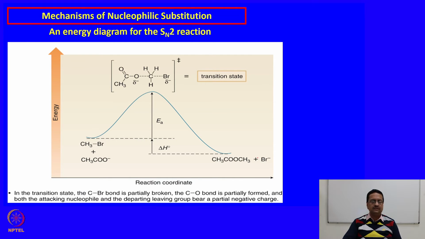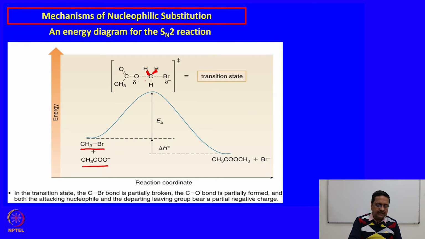So, when we try to draw the energy profile diagram for this SN2 reaction, we should draw something like this. When we start the reaction, we have methyl bromide and the acetate anion. When the acetate anion attacks methyl bromide, it forms a transition state like this, where if we try to draw it correctly, these hydrogen atoms are above and below the plane.